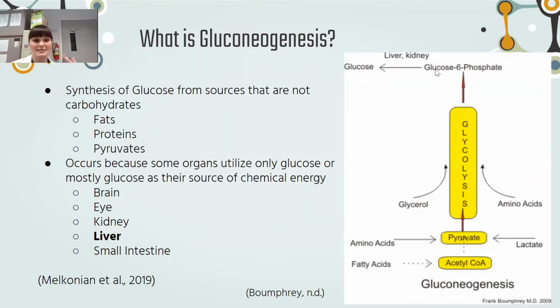So that's part of what it's there for. And some organs in our body can really only utilize glucose, or mostly glucose, as their source of chemical energy. So we need to be able to create it from a source that's not glucose for that reason. Examples of that would be our brain, our eyes, our kidneys, our liver, small intestine, and a few others as well.